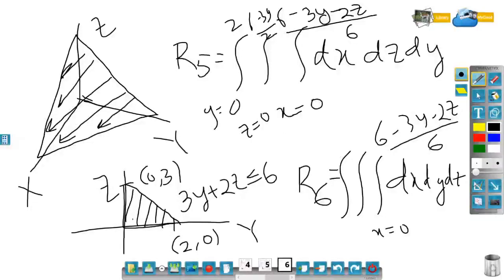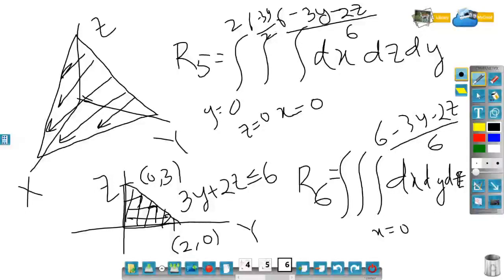Now dy dz, that means I am going horizontally. What did I write, dy dz. Did I make a mistake? Dz dy, yeah, dy dz means horizontally I am going.